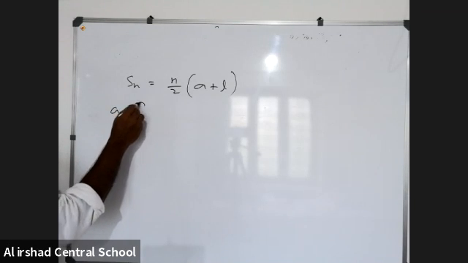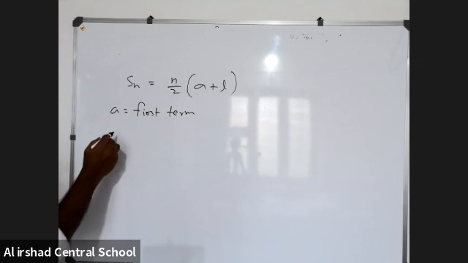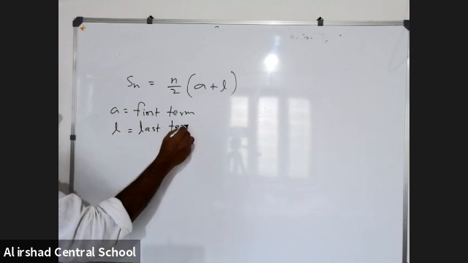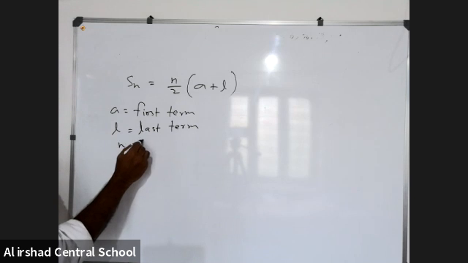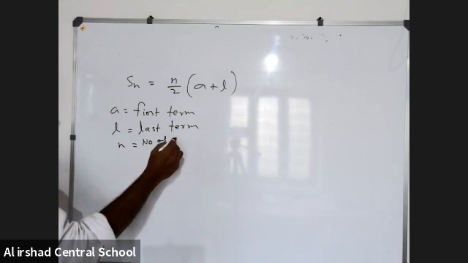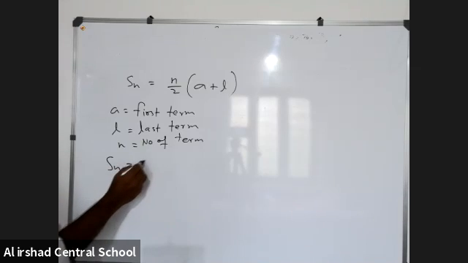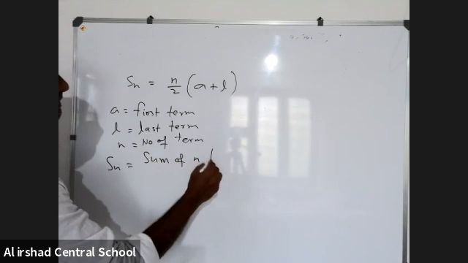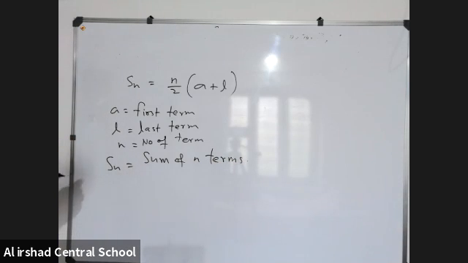A is the first term as before, l is the last term, and n is the number of terms. Then Sn is the sum of n terms from the beginning.